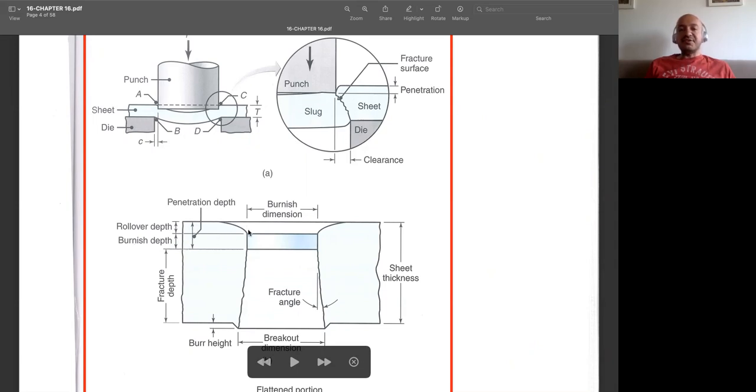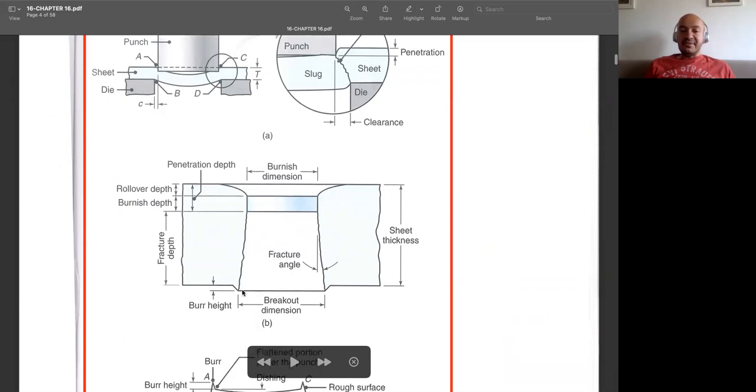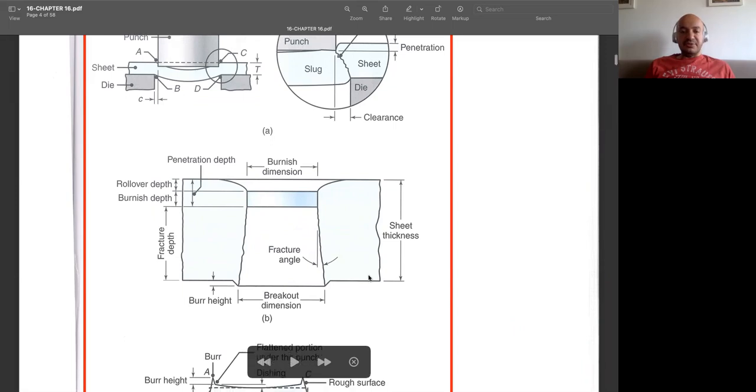This is about the relation between the punch and the die. After the rollover depth, we have a burnished zone. This is shinier, but the rest is quite rough, and this is called fracture depth. At the tip, as you see, we have burrs, and you know that there are deburring operations to remove these burrs.